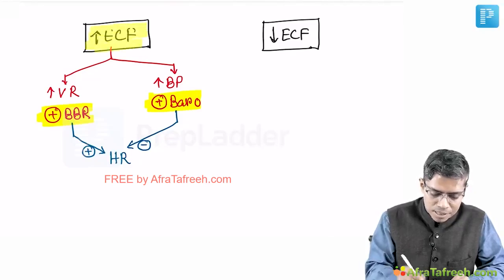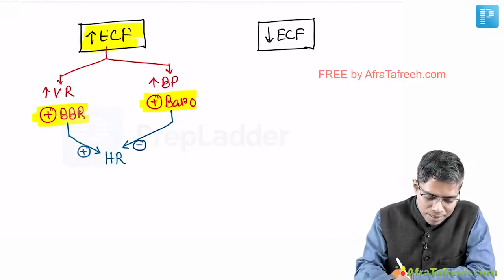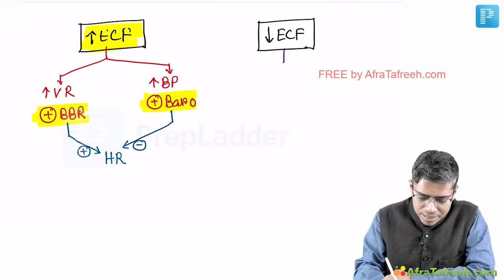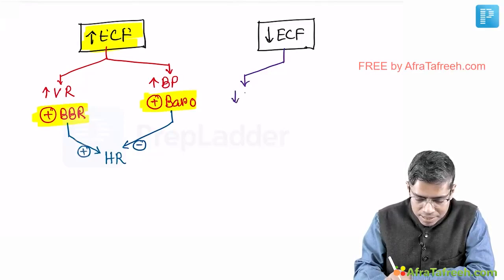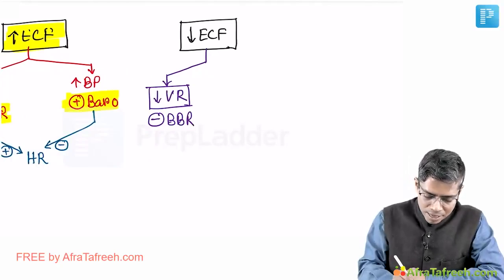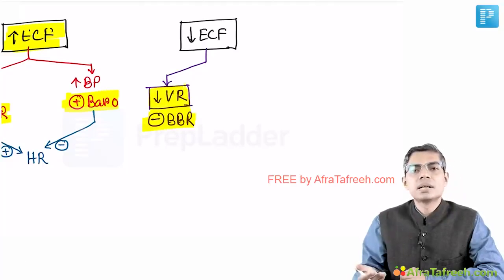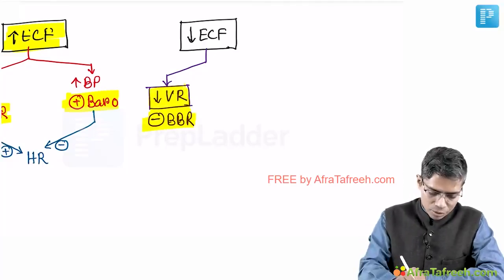Now we'll look at the other, and then we'll conclude. In the second one, decreased ECF volume, same thing. There will be a decrease in venous return, due to which there will be inhibition of the Bainbridge reflex. Remember, sometimes decreased blood volume inhibiting the Bainbridge reflex is known as the reverse Bainbridge reflex.